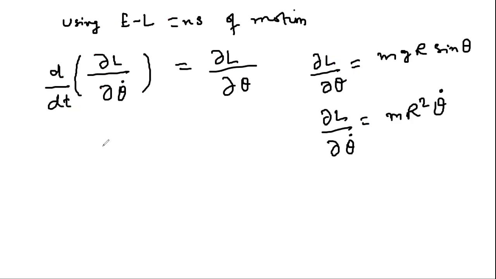Then I have to find the time derivative of this. That means I have to find d by dt of m r square theta dot.